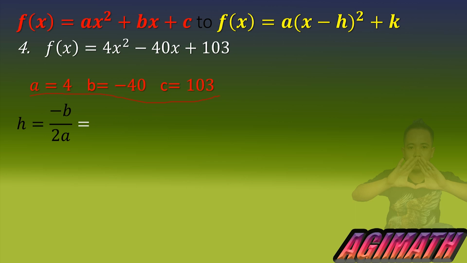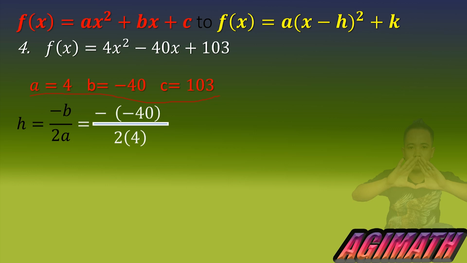So we have equals, and then our horizontal bar signifying the division, and then we follow the formula negative, and then we are asked for the value of b, and this is what I said earlier. And since b is negative 40, you write negative 40. Okay, and then for the denominator we have 2 times 4, that is 2 times a.